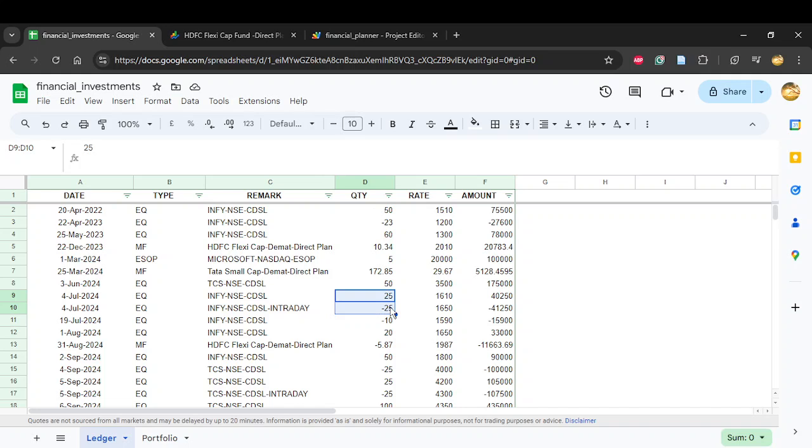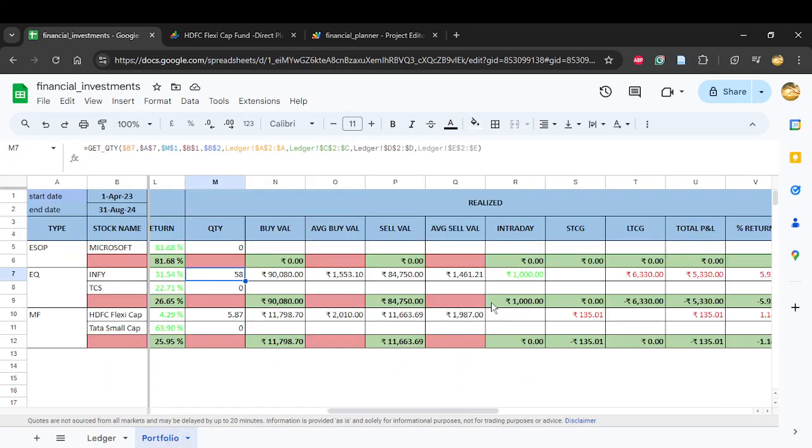You would expect that the 25 we sell on this date is the same quantity we purchased on that same date. If you look at the summation of this, it's coming out to be minus 1000, so the sale value is higher. So we have made a profit of 1000 in intraday trading from equity sales of Infosys shares.